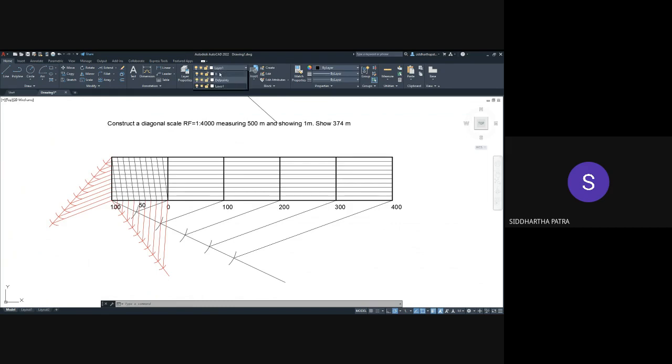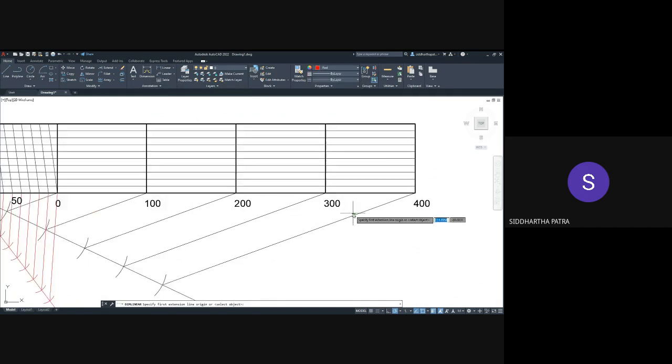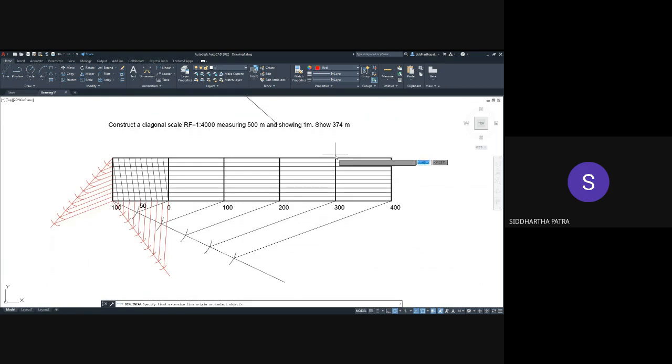So all I'm trying to say here is, this is 70 meters, then 71, 72, 73, 74. This much is supposed to be 374 meters.